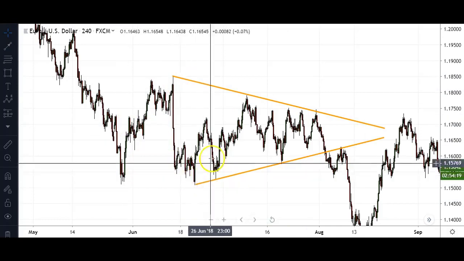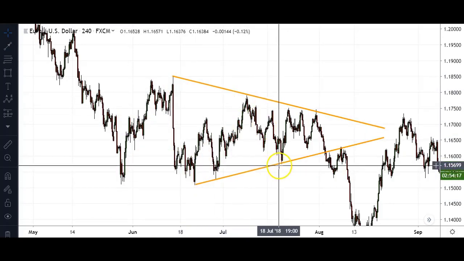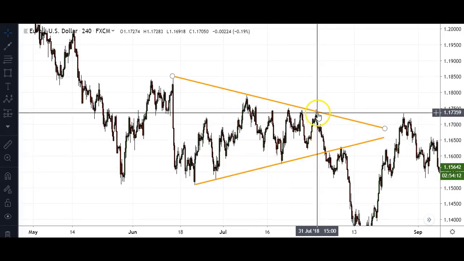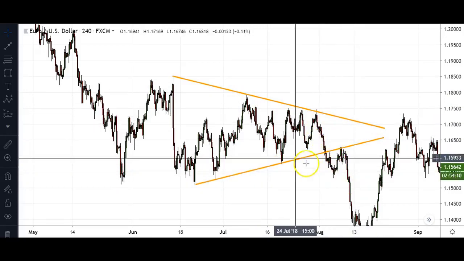And how these triangles are typically labeled, so you know at which stage you might be expecting an end of this formation before price continues, in this case downwards.